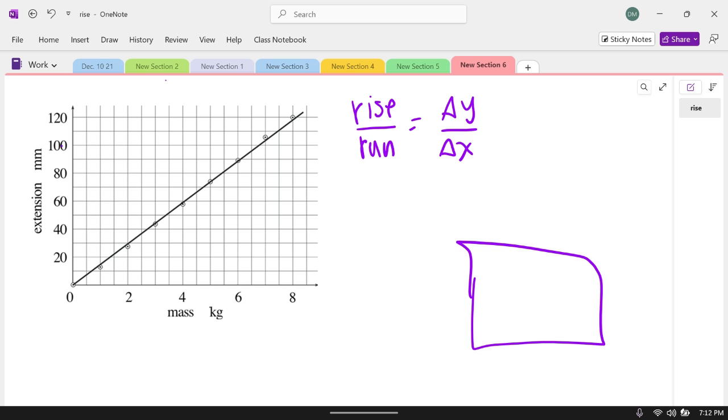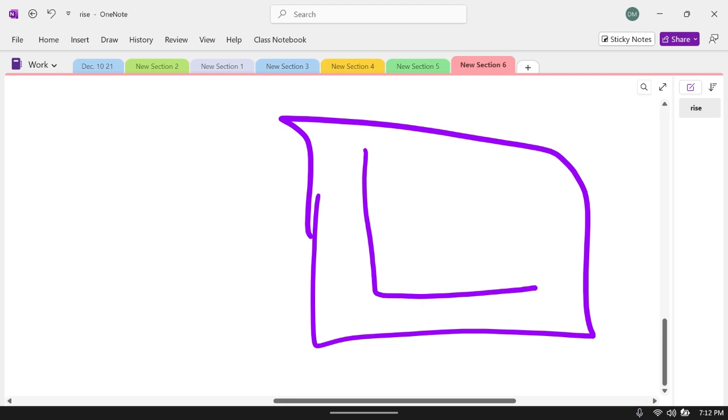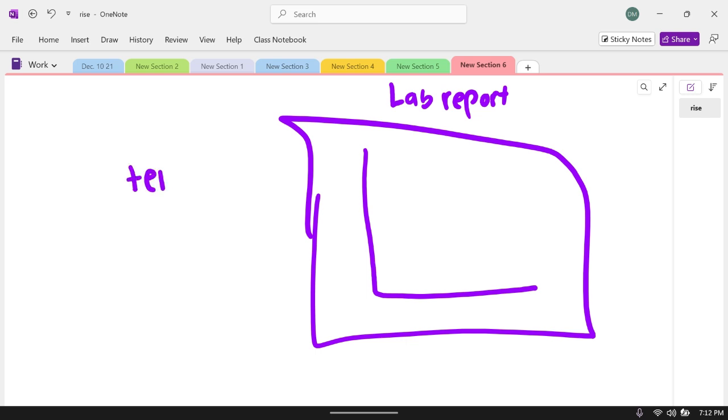So, say that this box right here is the only place you can fit a graph in, and it's maybe like 3 inches of your page on your lab report. And you have just a tiny little space to put your graph. And your data for, let's say, temperature goes from 0 degrees Celsius all the way to 100 degrees Celsius.